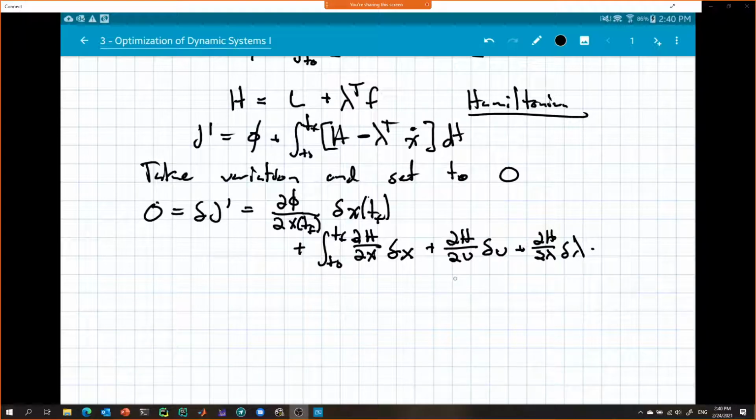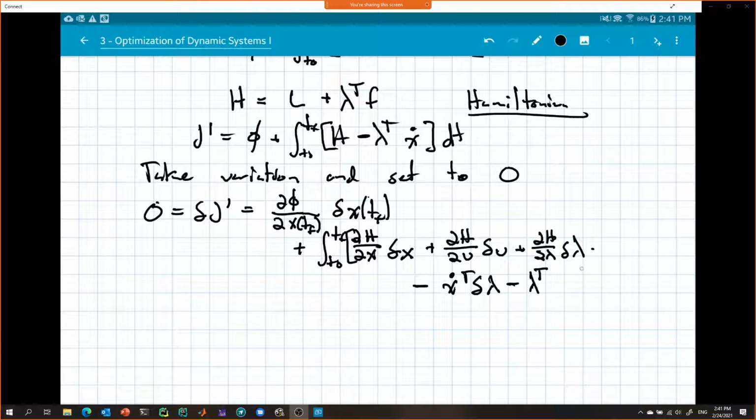and then minus, now it's this term. We have x dot transpose times the variation in lambda, so we do the product rule on this.